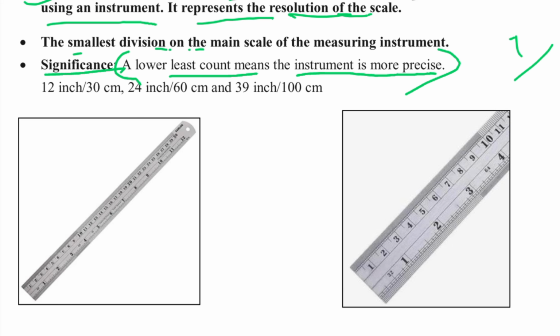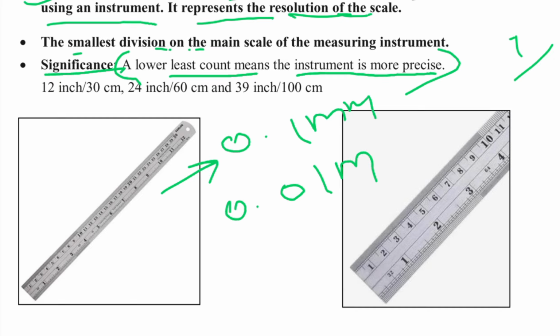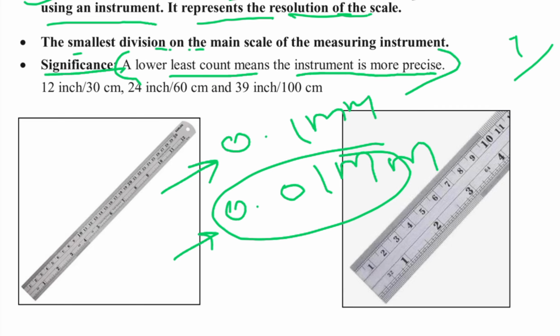Suppose we have two instruments. The first instrument has a least count of 0.1 mm and the second instrument has a least count of 0.01 mm. By looking at the least count values of the two different instruments, we can say that the instrument which has the least count of 0.01 mm is more precise.